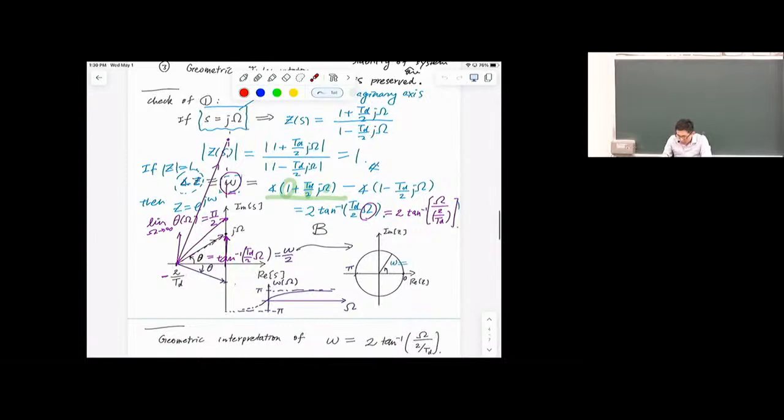If you go up in this direction in the S plane, right on the imaginary axis, it turns out that the bilinear transformation maps that axis to the unit circle in the Z domain. The imaginary axis is mapped to the unit circle in the Z domain in this counterclockwise direction.